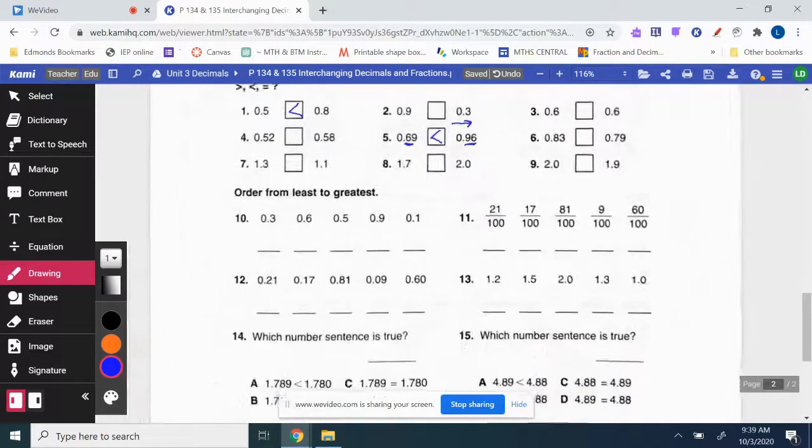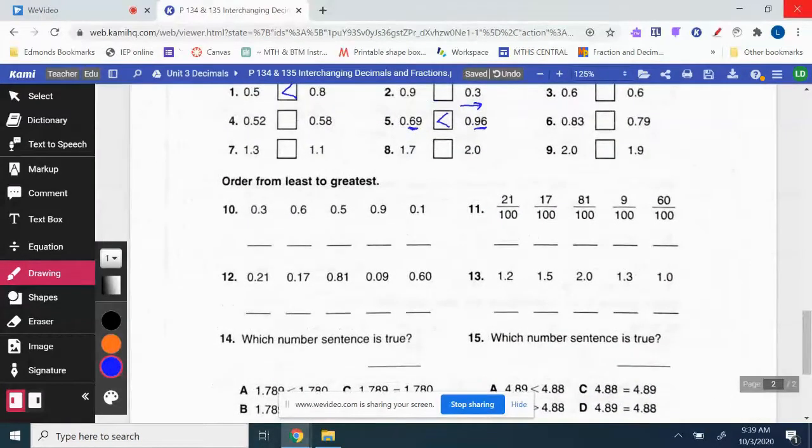Now, they want us to order from least to greatest, from smallest to biggest. And you guys totally know how to do this. So I'm going to do number 13 for you because 10 and 12 are decimals and 13 is the decimal. So I'm going to start and I'm going to go this way. And I'm going to see I have 1, 1, 2, 1, 1. All right. So that 2, I automatically know that one's biggest.